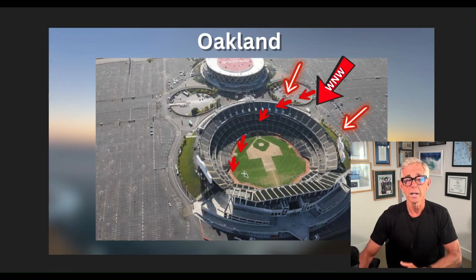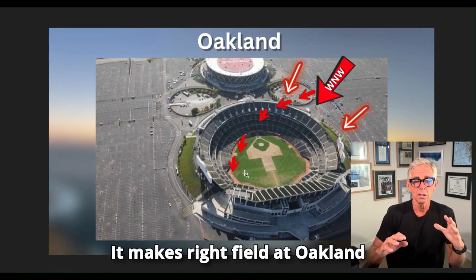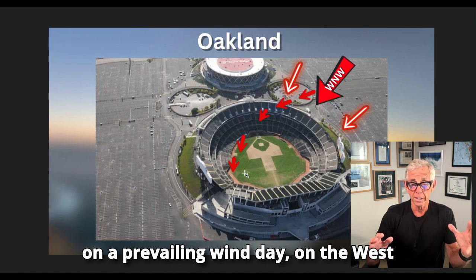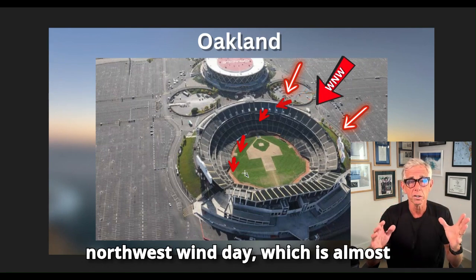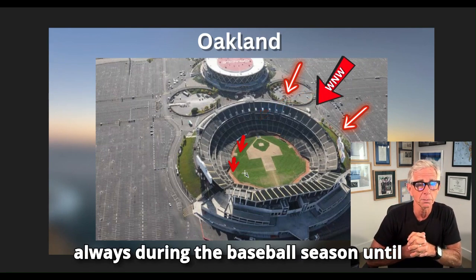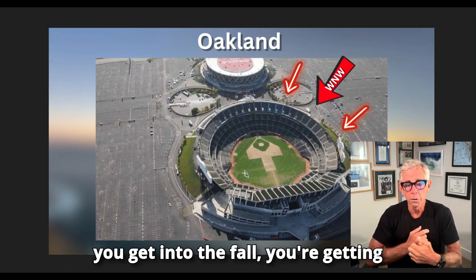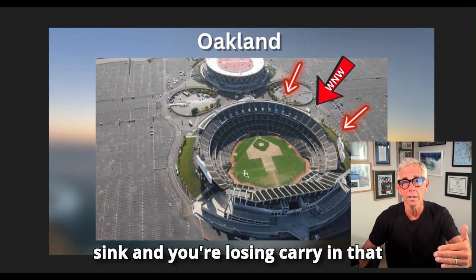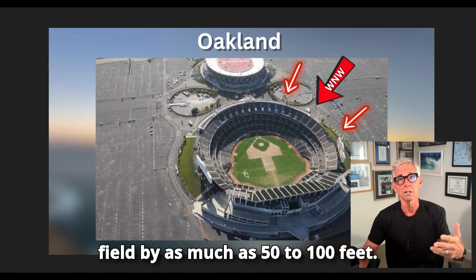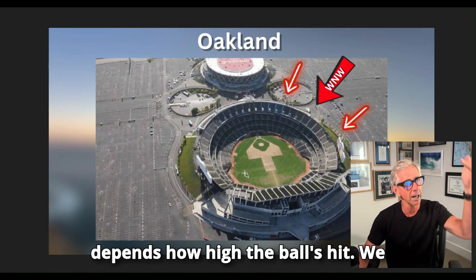So what does that do? It makes right field at Oakland on a prevailing wind day, on the west-northwest wind day, which is almost always during the baseball season until you get into the fall, you're getting sink and you're losing carry in that field by as much as 50 to 100 feet again. Depends where the ball's hit, depends how high the ball's hit.